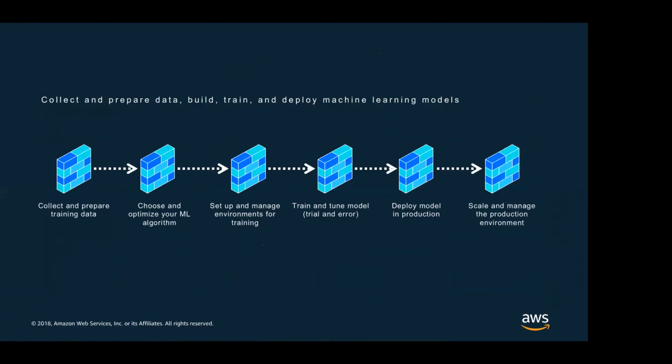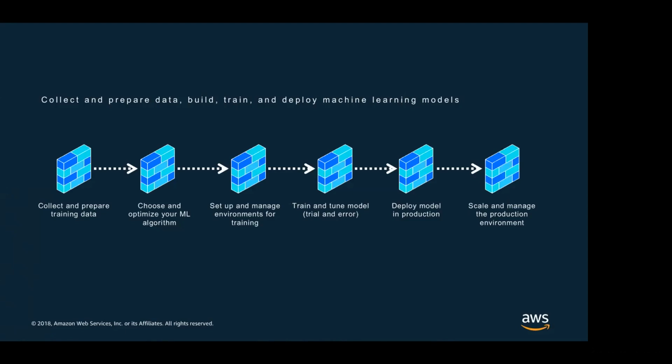We need to clean the data, and choose which algorithm and which framework we are going to use, basically based on the objective that we would like to accomplish. Then we need to set up all the infrastructure to train. Then once that is trained and meets the objective, we need to deploy and then start doing some inference, which are basically predictions.